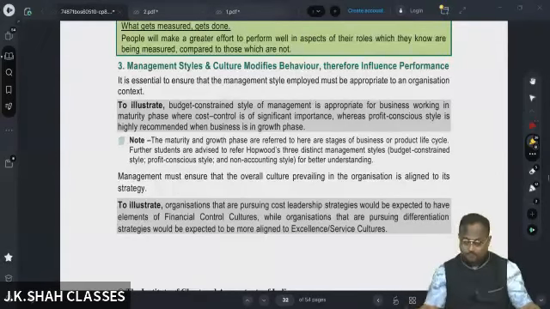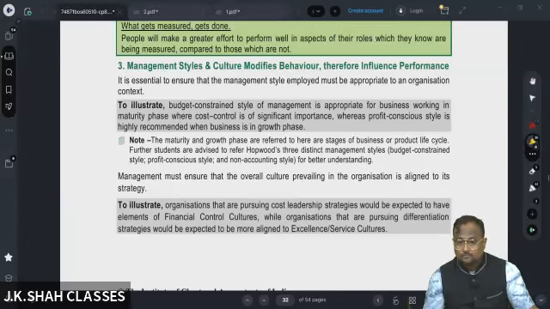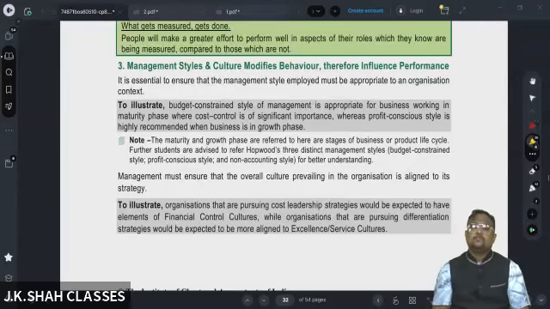Point number 3. Non-accounting style of business management. Non-accounting style of business management means you're not holding anyone responsible.